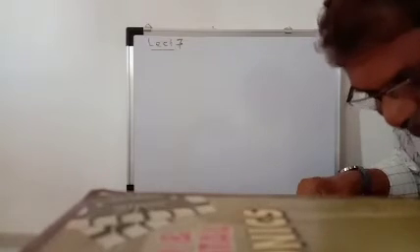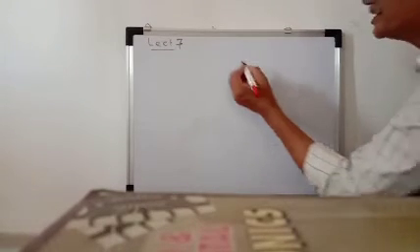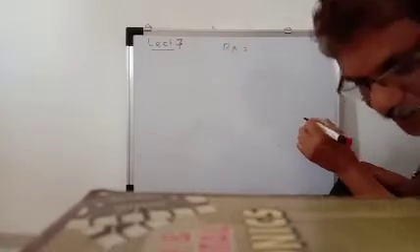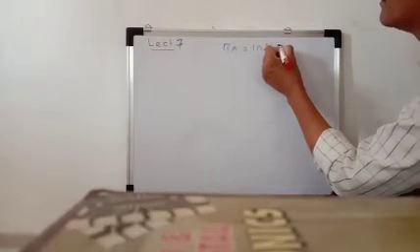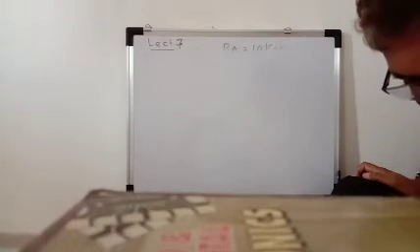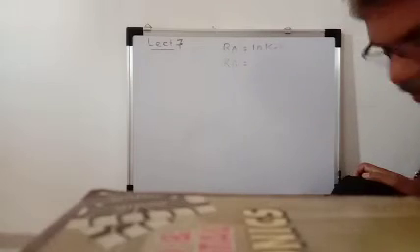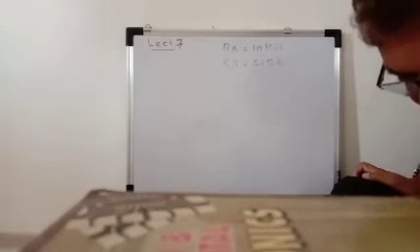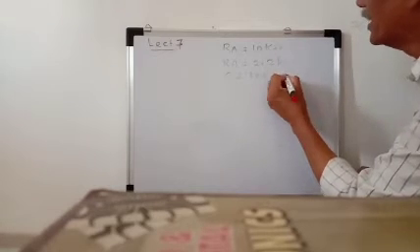An astable multivibrator is connected with the following components: RA means R1, RA is equal to 10 kilo ohm, RB is equal to 2.2 kilo ohm, and C is equal to 100 microfarad.